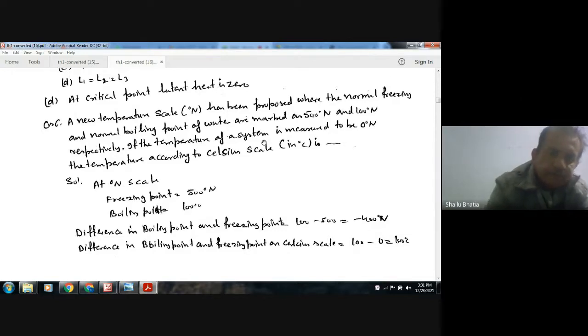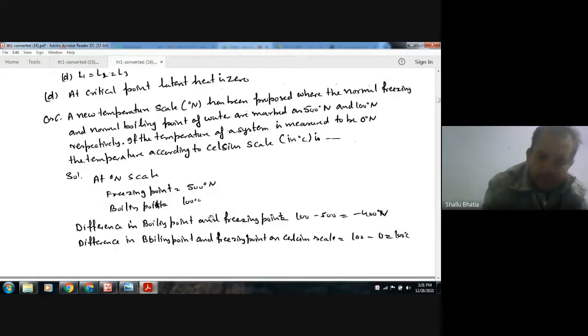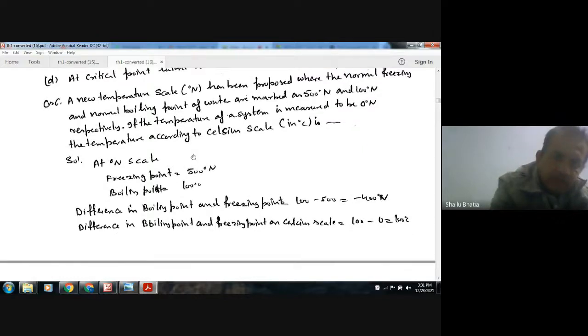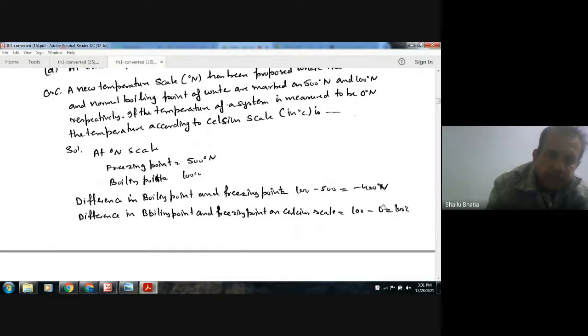In the N scale, the freezing point is 500 degree N and the boiling point is 100 degree N. So the difference between boiling and freezing point is 100 minus 500, that is minus 400. And the difference between boiling point and freezing point in the Celsius scale is 100 degree Celsius minus 0 degree Celsius, that is 100 degree Celsius.